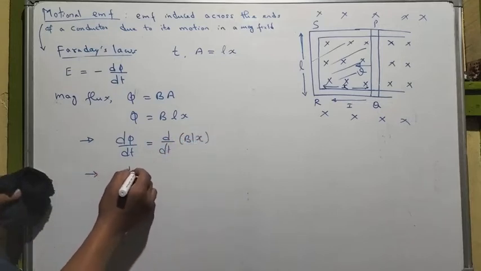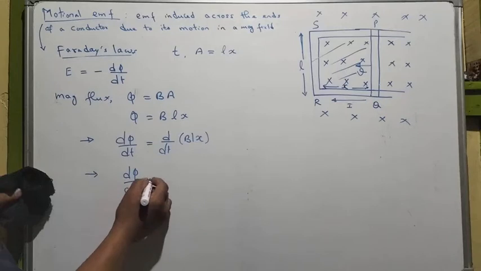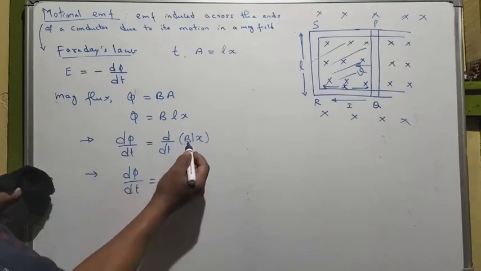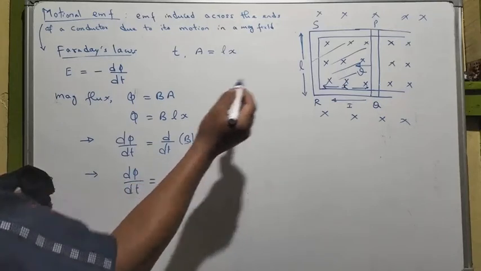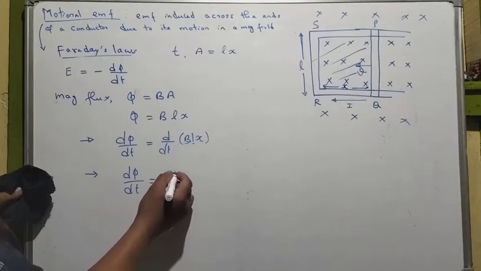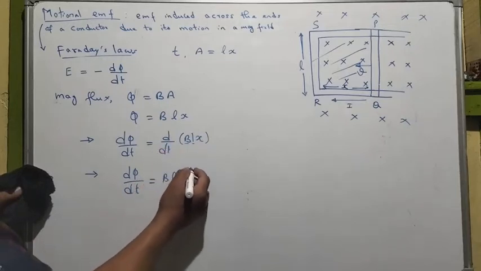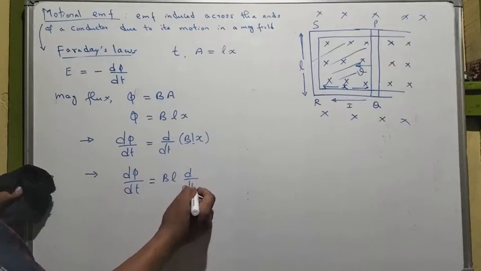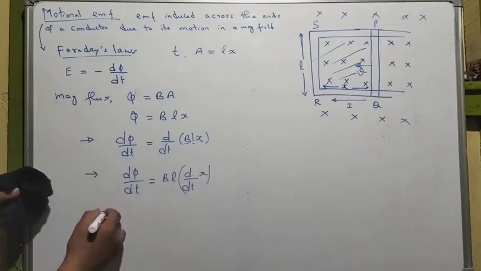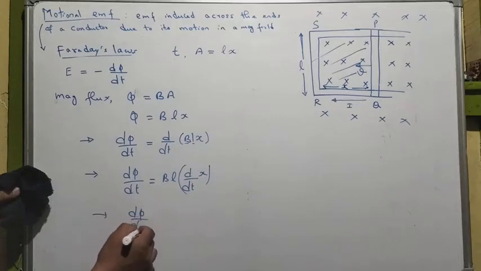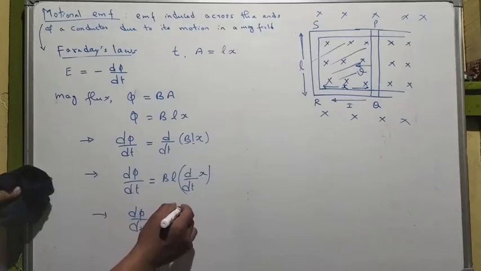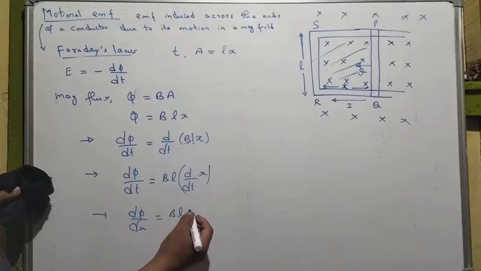Because B and L are constant in this case, we take them outside and differentiate only x. But you know that dx upon dt is the velocity.